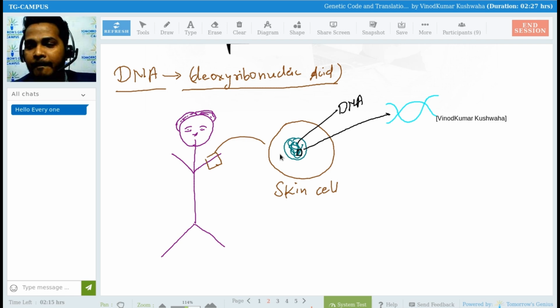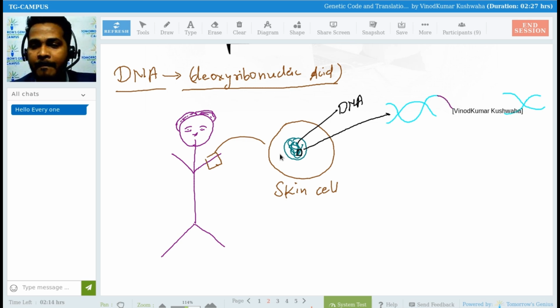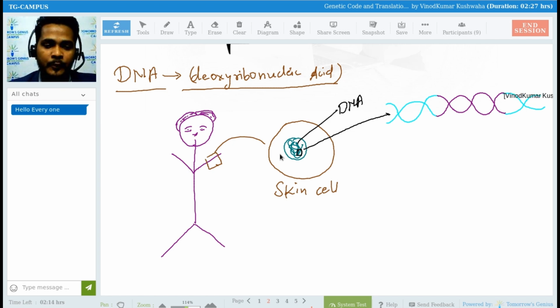like this. So what is this? This is the double stranded DNA.